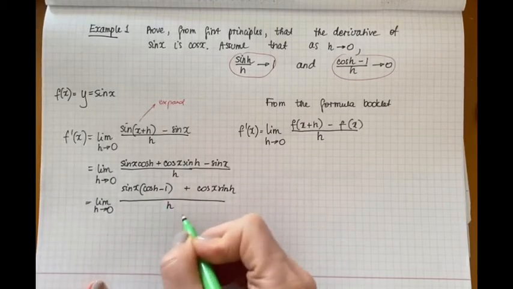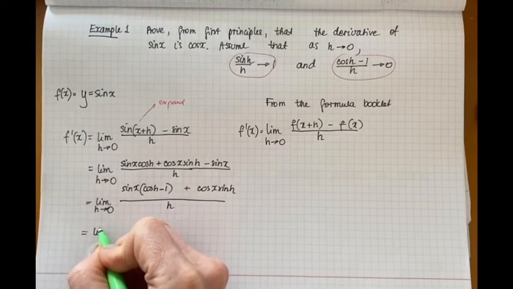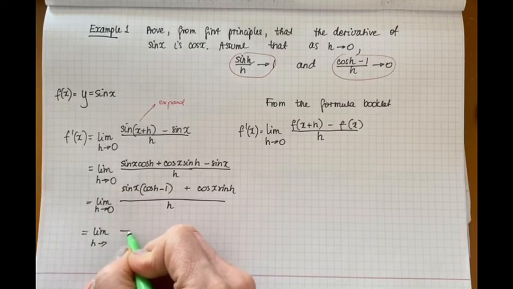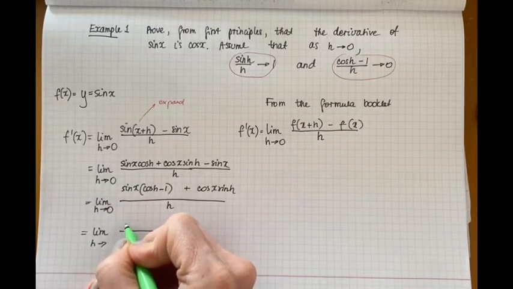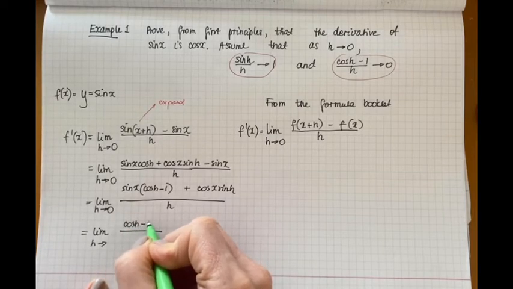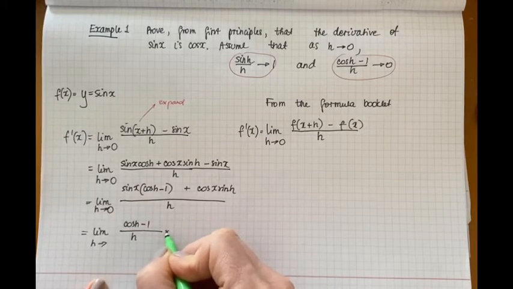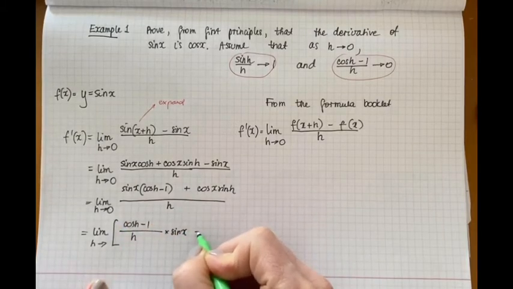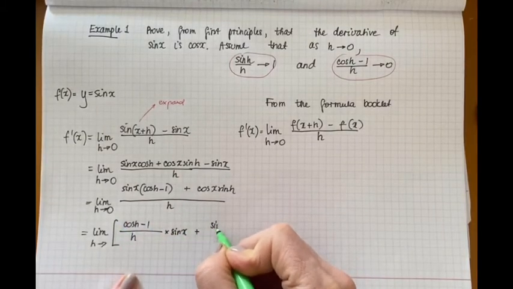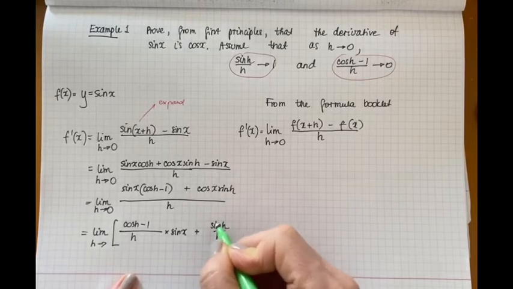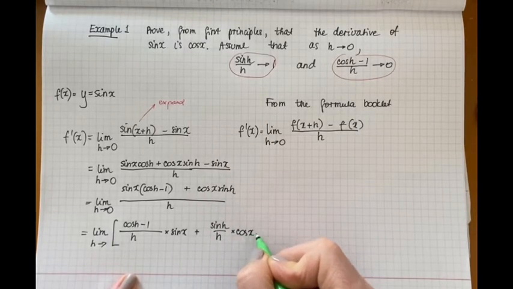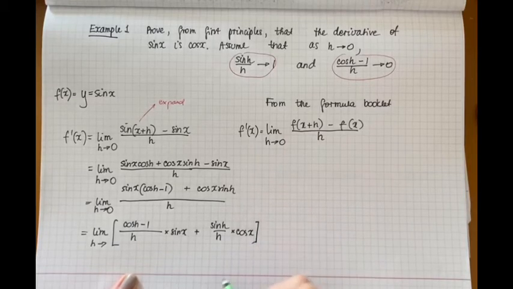Now I'm going to separate these two. Keep on writing limits in front of this fraction, and here I've got cos h minus 1 over h multiplied by sine x plus sine h over h. So the terms involving h, put them together, multiplied by cos x. There you go.